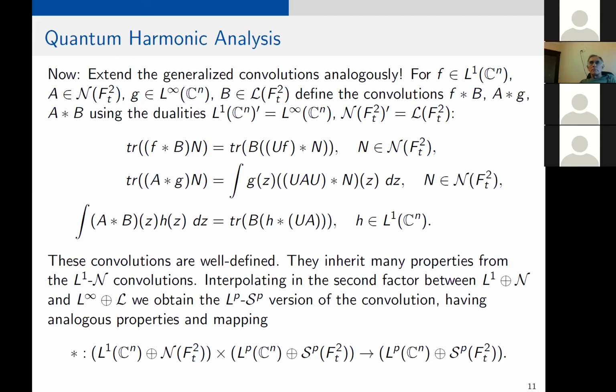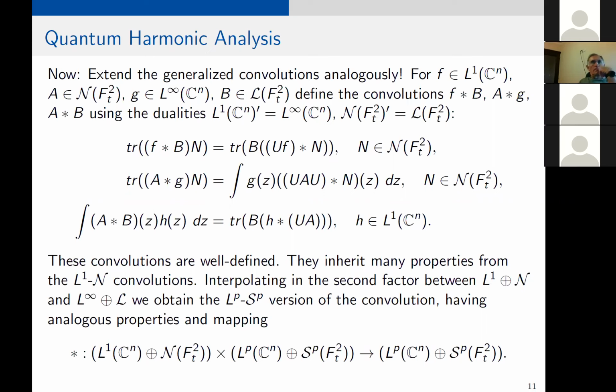You get by interpolation a convolution from L1 plus trace class times LP plus, this is now the P Schatten class, to LP plus the P Schatten class, just as a side note. But if you don't like Schatten classes, just think about the L1 trace class and L infinity bounded operator thing.